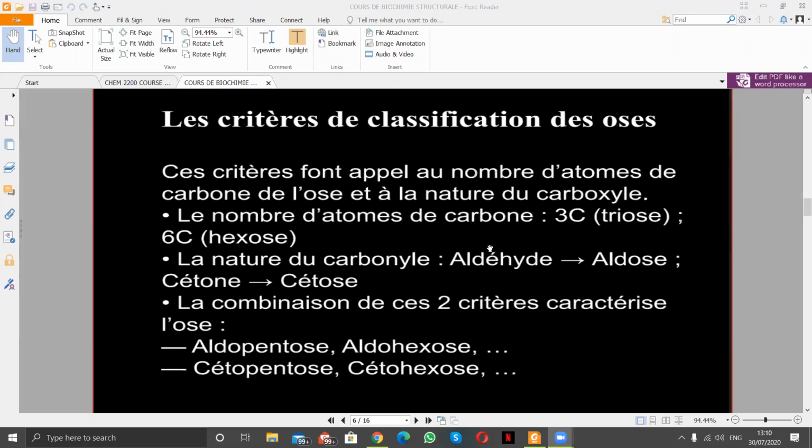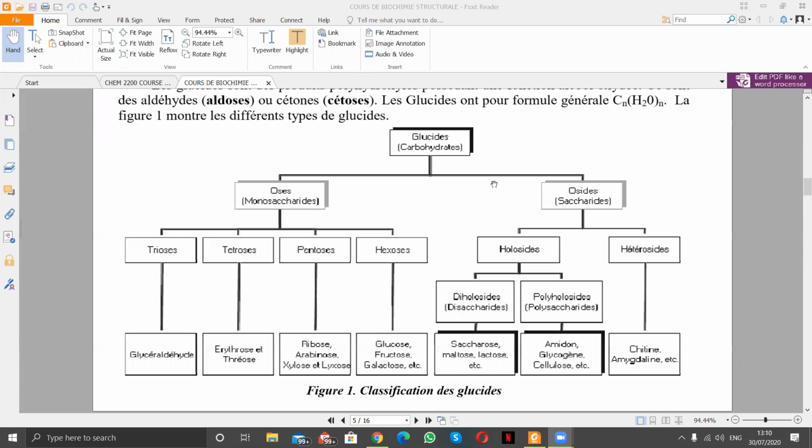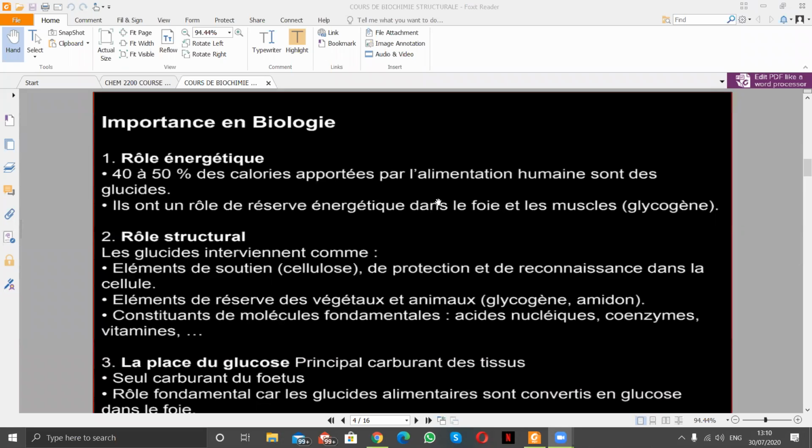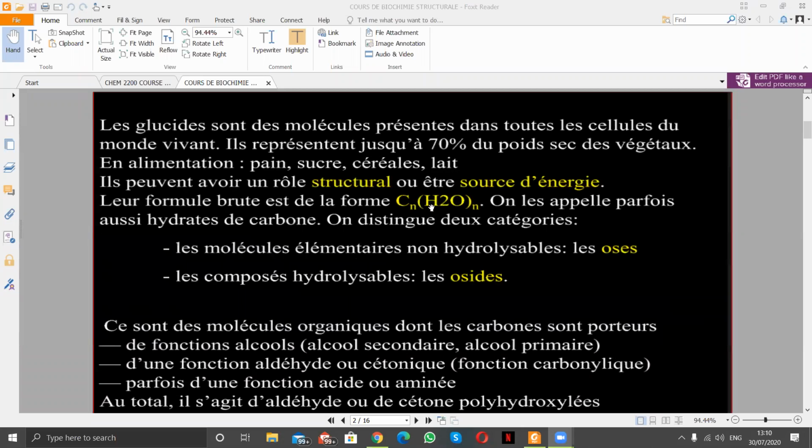The ratio of carbon to oxygen is 2:1. We are going to look at this, don't worry. Mostly, or I should say all, monosaccharides have the ratio of 2:1. We normally have 2 hydrogen and 1 oxygen. That's the ratio.